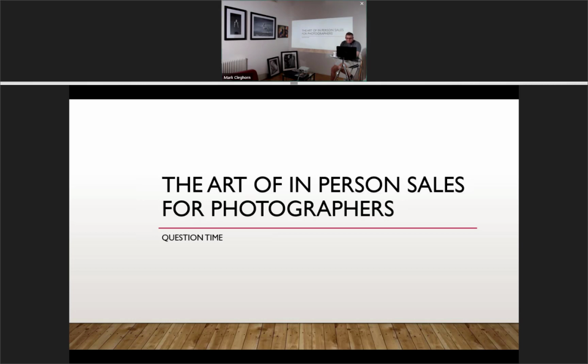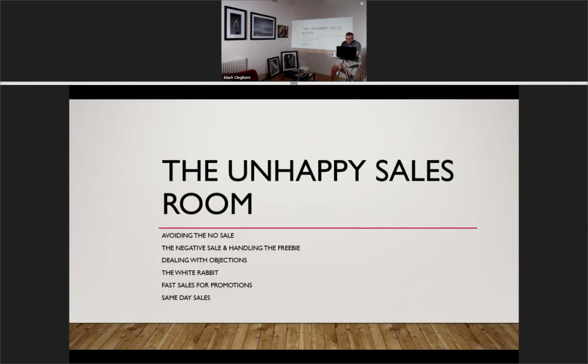Brilliant. Last question I've got for you. When showing the images to the client, do you show variations of the same image, i.e. black and white and a colour, softening, different effects? Good question, and the quickest answer is no. You only show one. That is your way that you want to present to the client.